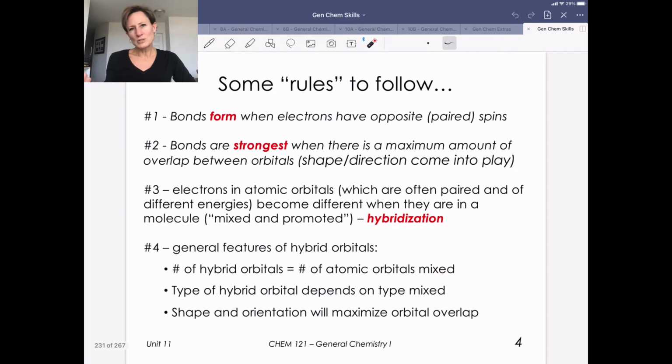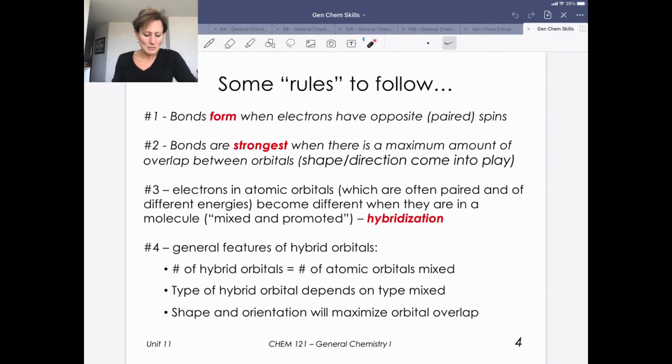So there's some rules that we saw and maybe used in earlier learning units that are going to come to play here. So when we think about formation of these bonds, bonds again are going to form when we have an overlap of orbitals that contain electrons, but importantly, those electrons have to have opposite or paired spins. We talked about that before when we had atomic orbital diagrams and we talked about how we filled electrons there.